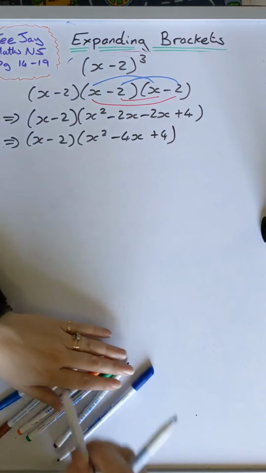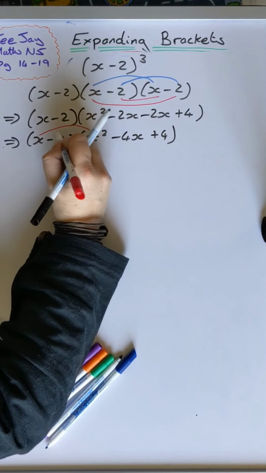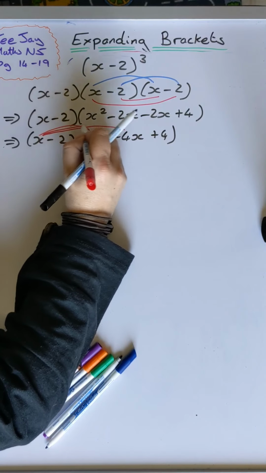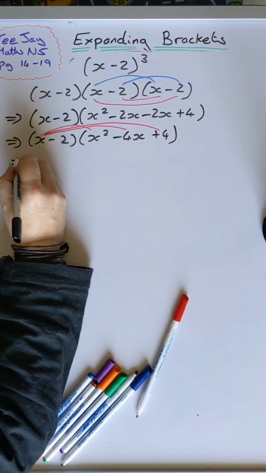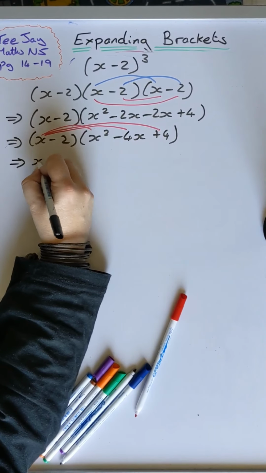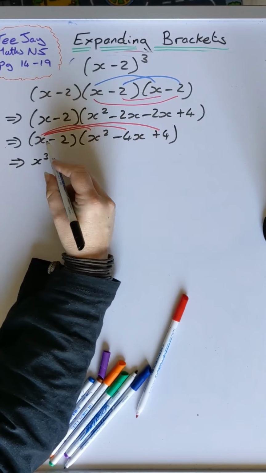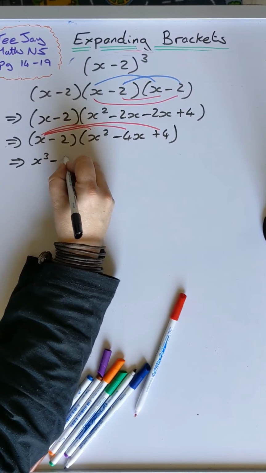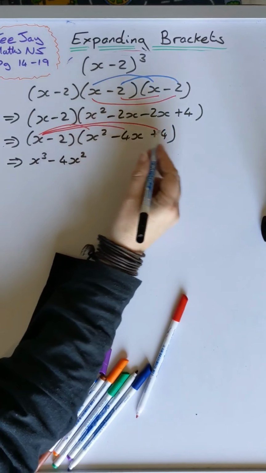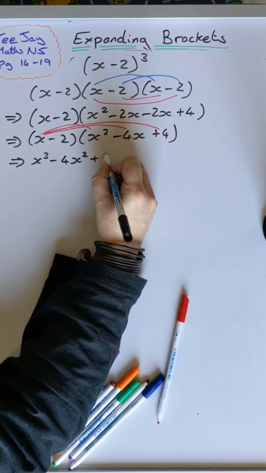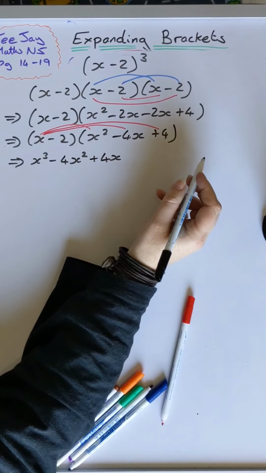Then I'm going to rainbow it out. So I have x times x squared, so x cubed. X times minus 4x is minus 4x squared, and x times 4 is 4x.